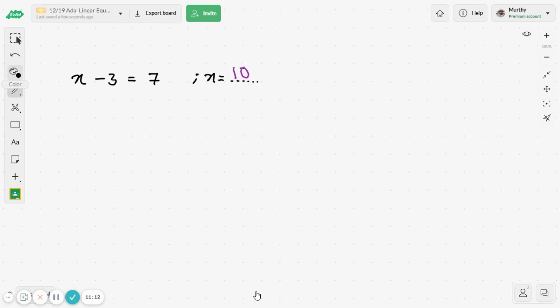So probably you thought 7 minus 3, which is not right. Let's see whether it is correct or not. Simply plug the value of x back in here and check it. Yes, 10 minus 3 equals 7. And I asked whether it is correct if it is 4. So 4 minus 3 is not equal to 7.